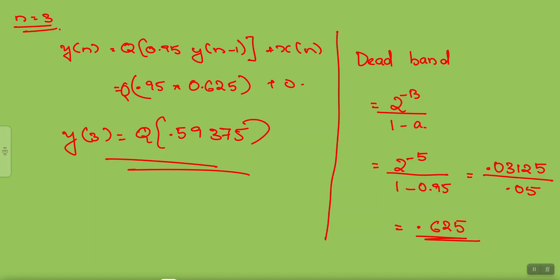So we will consider the values in between plus or minus 0.625 as 0. So actually this value will be 0.